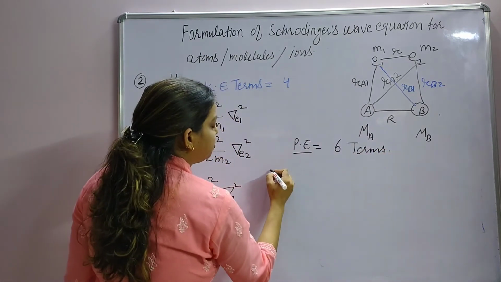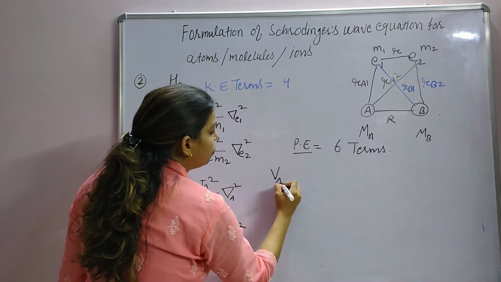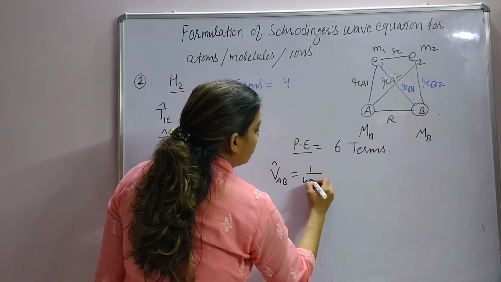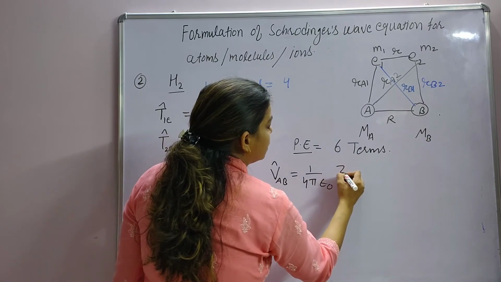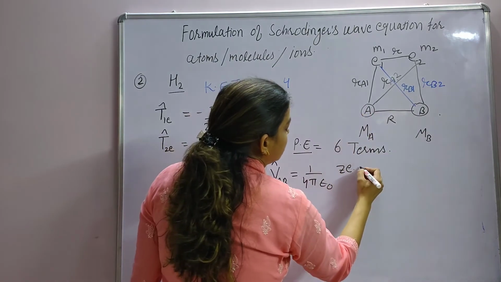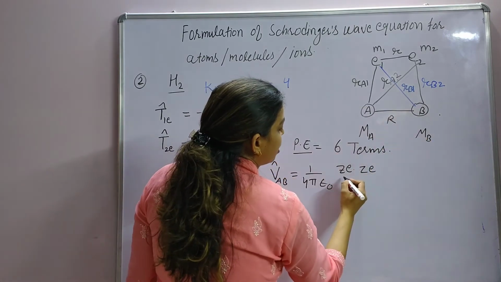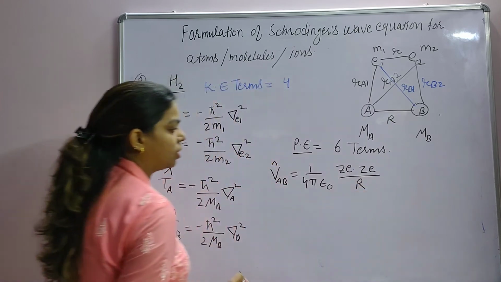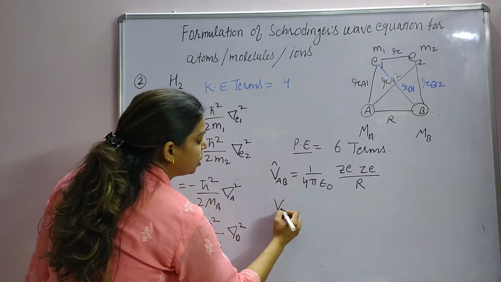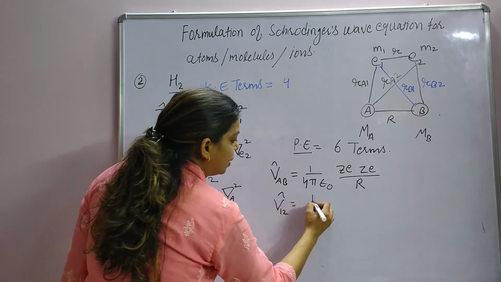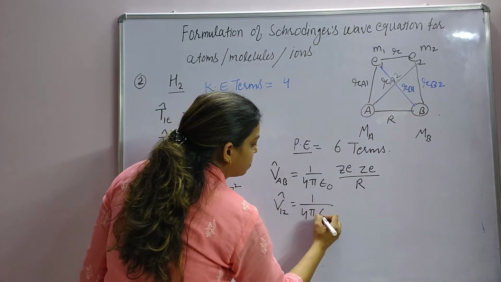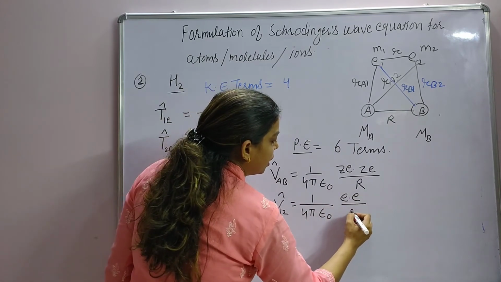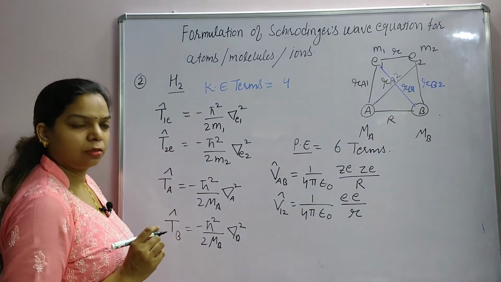So first is potential energy of A and B repulsion. That will be 1 by 4 pi epsilon naught, Ze on first, Ze on second, charge on the second nucleus, and the distance between the two is capital R. Second repulsion term between 1 and 2 electron, that will be 1 by 4 pi epsilon naught, charge on first electron, charge on second electron, and the distance between the electrons. 2 terms.